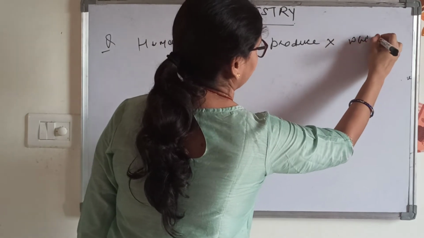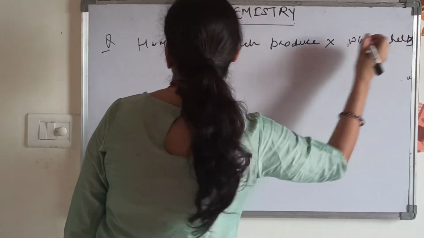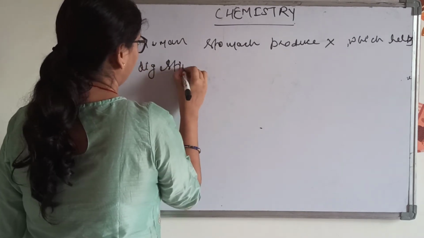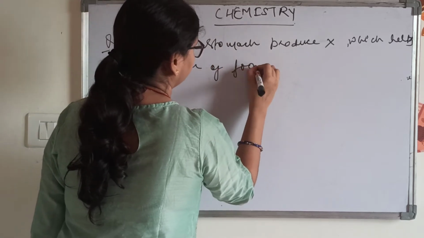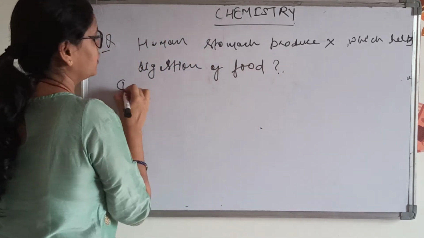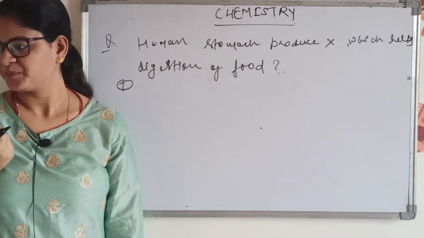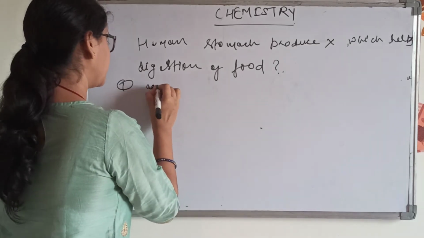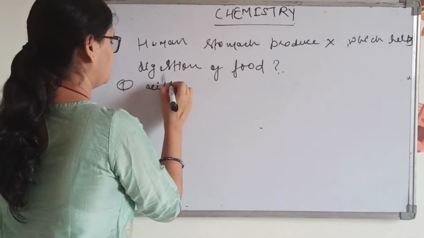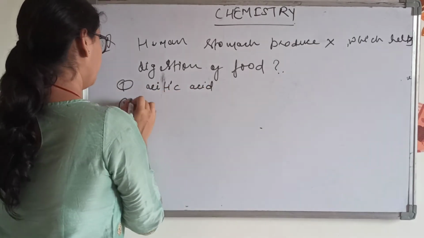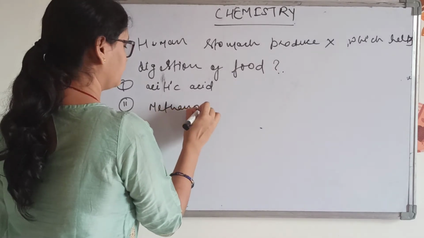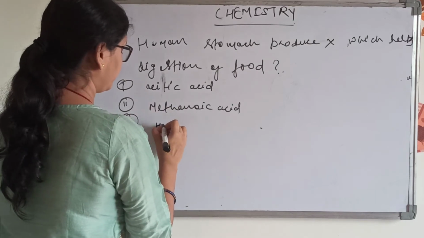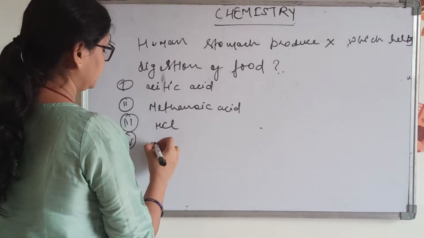So what is X? The options are acetic acid, methanoic acid, hydrochloric acid, HCl, and the fourth option is citric acid.